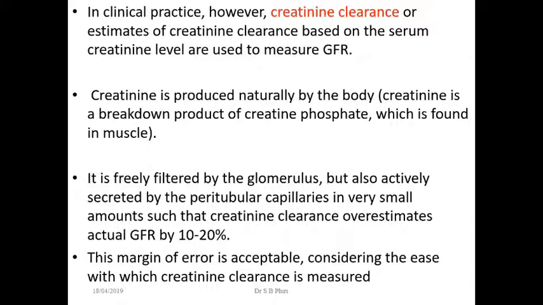Creatinine is being produced by the body, so you don't have to inject anything into the patient. You can just measure the concentration of creatinine in the urine and also in the blood sample when you collect it. So it's very easy for you to use creatinine. So in clinical setups, we're going to use creatinine to estimate glomerular filtration rates. In experiments where you want to be very accurate, you can use inulin, okay?